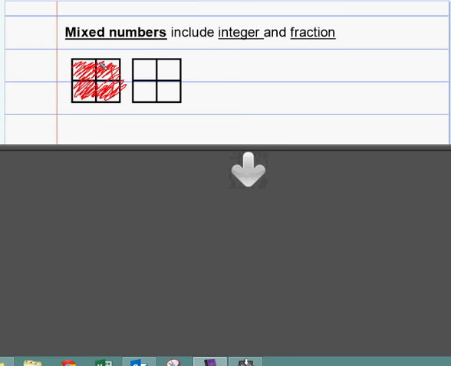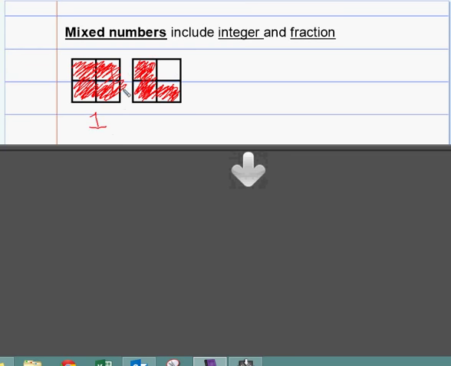We have 4 of those small groups there, and here we have 3. Make sure you have 7 of those small squares shaded. This first group represents the whole thing. Well, if it's all of it, we're going to write that as the integer 1.